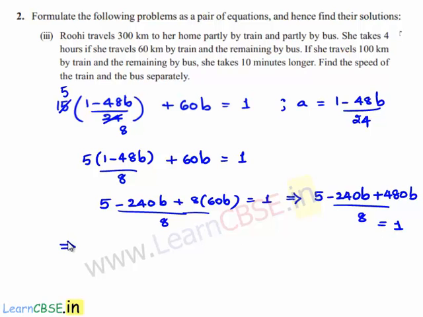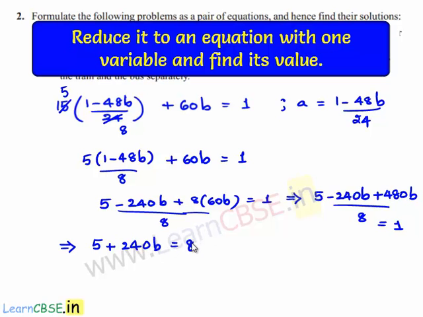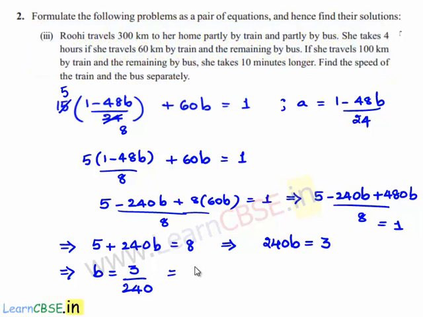So now we get 5 plus 240b is equal to 8. We can write 240b is equal to 8 minus 5 is nothing but 3. That gives b is equal to 3 by 240, which is nothing but 1 by 80. So we got the value of b as 1 by 80.